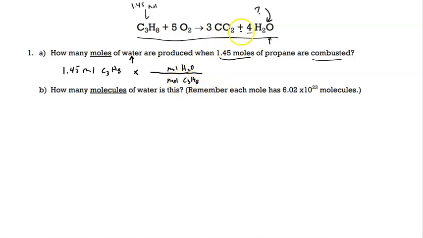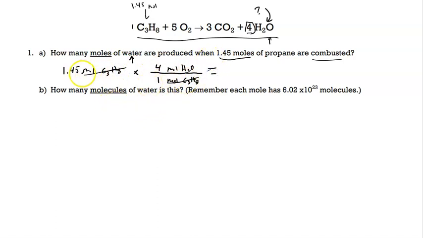Now all I'm going to do is take my coefficients and plug them in. So water has a 4 next to it, propane has essentially an imaginary 1 there. So when I multiply here, I'm going to go 1.45 moles times 4 moles of water per mole of propane. I can even do a little unit cancellation there, so my answer will be moles of water.